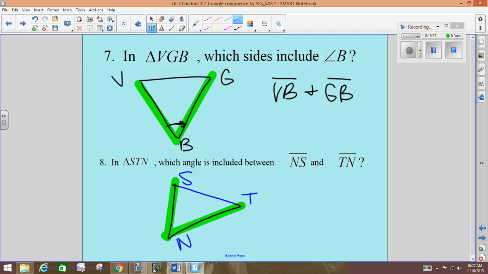Angle N. It's where they meet. It's what they have in common. If you look at the segments, they both have an N. That's the angle between them. Questions on between, included? Okay, when you get to those ones in your homework, draw a picture to help yourself out.